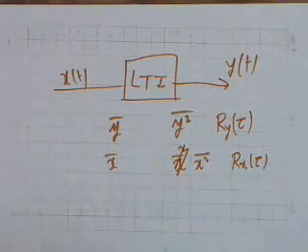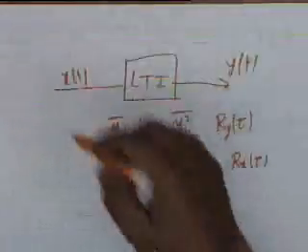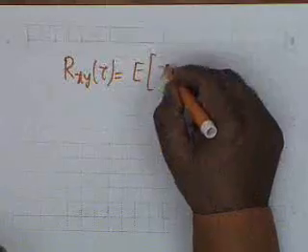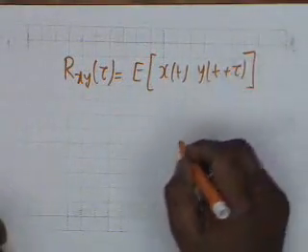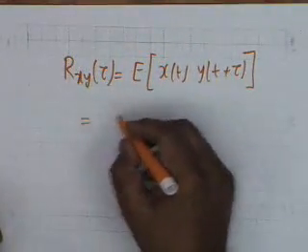The next statistical description is the cross correlation between y and x, and the cross correlation is defined like this: Rxy(tau) is equal to the expected value of x(t) and y(t plus tau). I will do one of the derivations, the other you can do yourself.